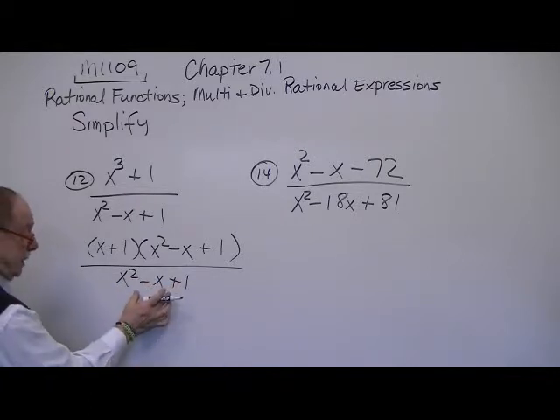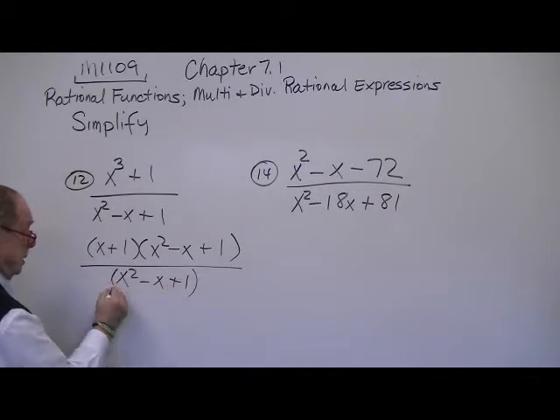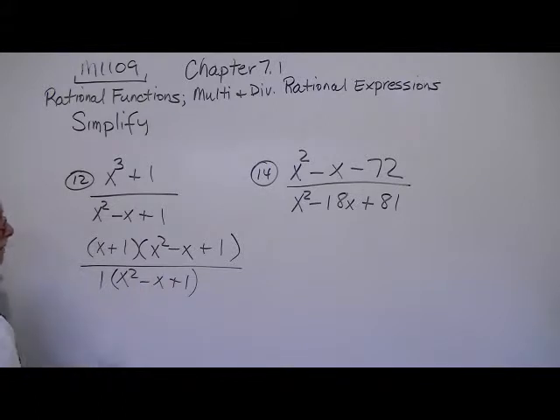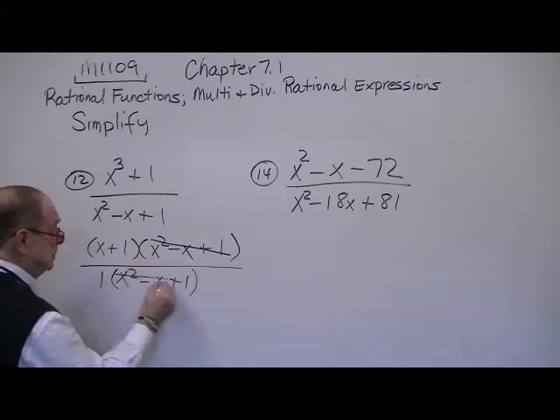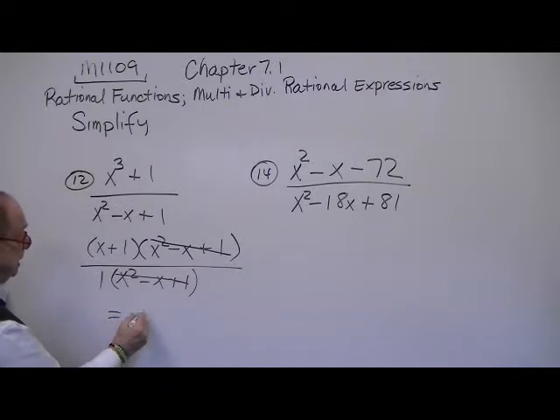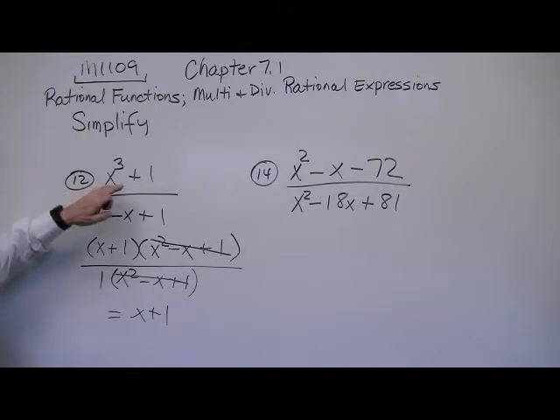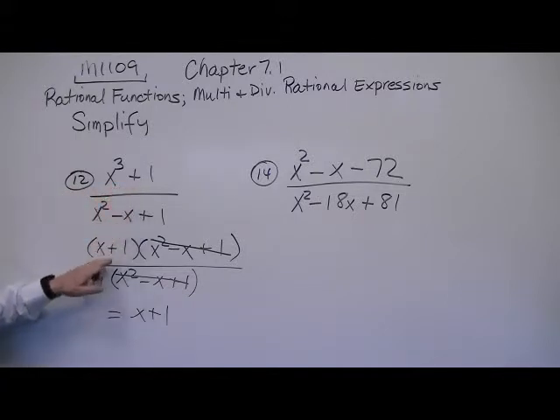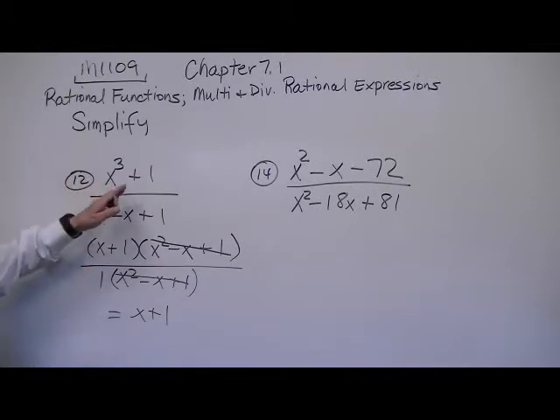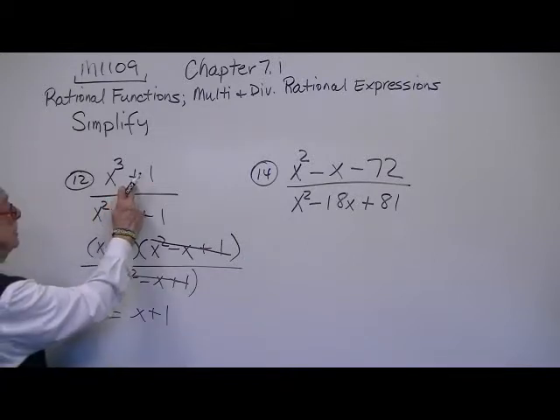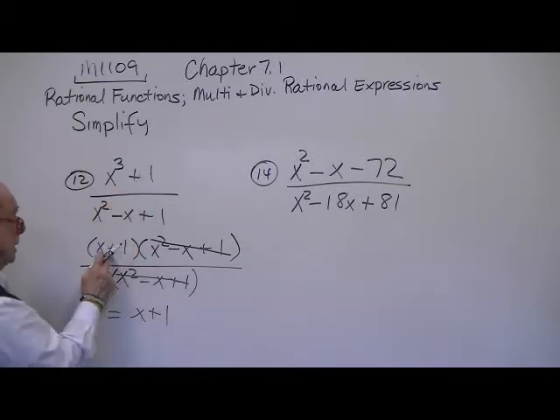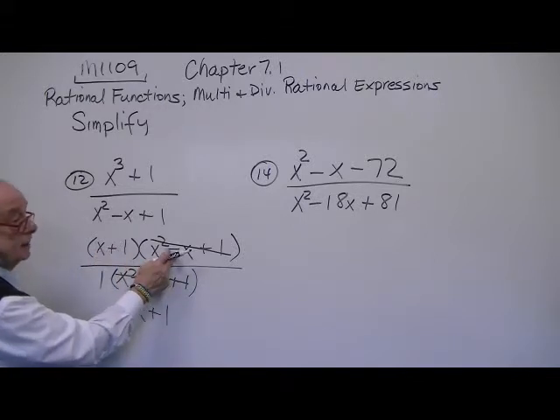And you may note that, and you can always take a 1 out, this is the same as this. So this will cancel out, and our answer then will be x plus 1. But for this one, you had to know that that was a perfect cube, and you had to know the recipe for factoring the sum of perfect cubes. If this were negative, then this sign over here would be negative, that one would be positive.